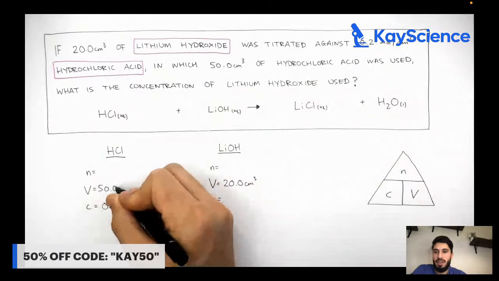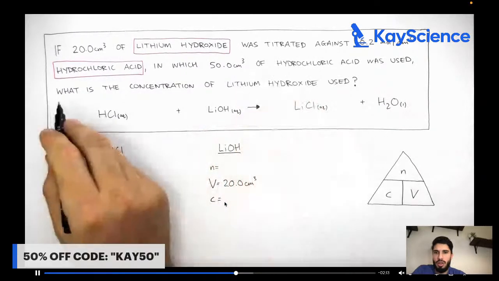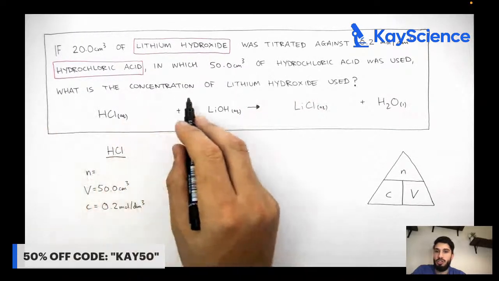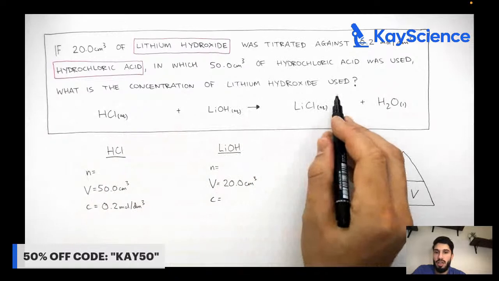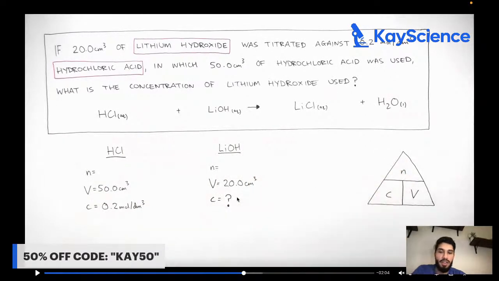So we write 50 centimeters cubed. And what's the question asking us to do? Well, it's saying, what is the concentration of lithium hydroxide? So we write a question mark next to the C under lithium hydroxide. Okay, so now we've read the question and we understand what we need to do. The question is no longer confusing because we have all the information we need with the correct formula triangle.